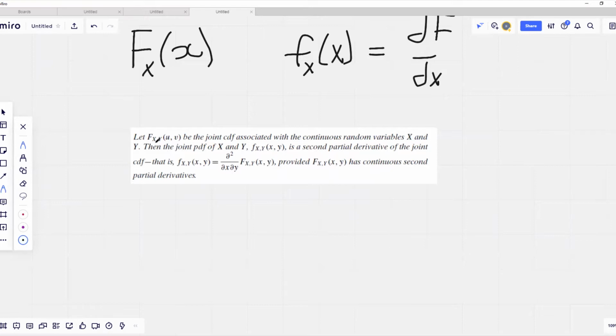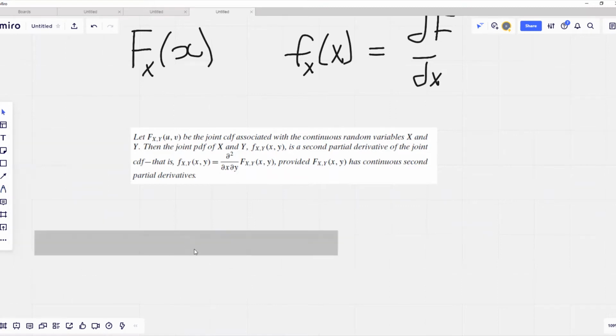However, this time, since big F of x, y is a function of two variables, we have to find the second partial derivative of that CDF function. So to find a joint PDF from a joint CDF function, we have to take the second partial derivative of big F of x, y.